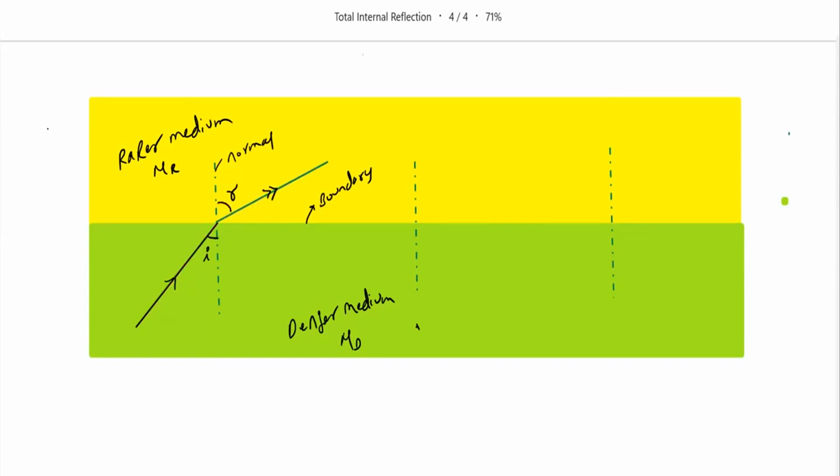Now, what is Snell's law? Snell's law says that mu d sine i equals mu r sine r. As i increases, r must increase.